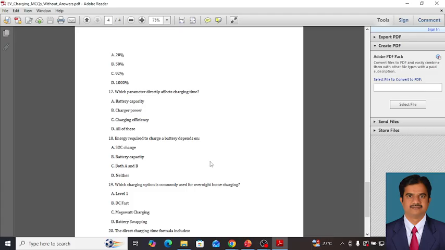Battery capacity, charger power, charging efficiency, all of these. Energy required to charge a battery depends on SOC change, battery capacity, both A and B, neither.